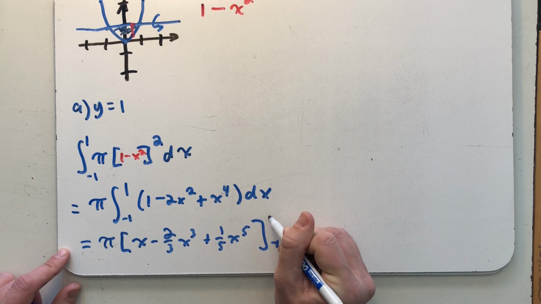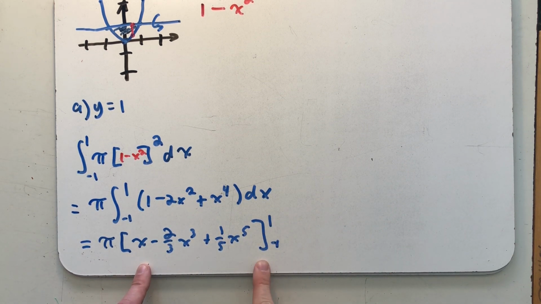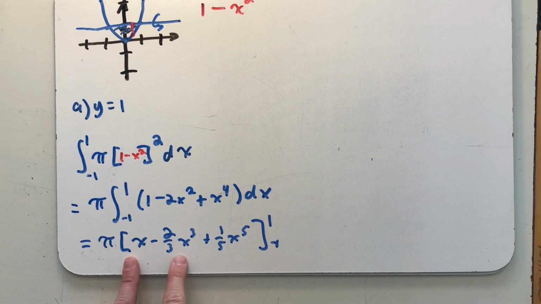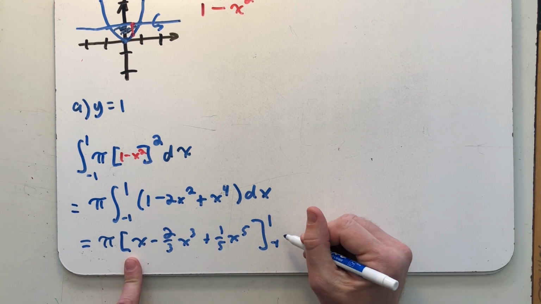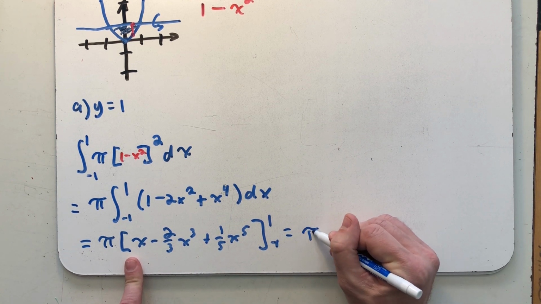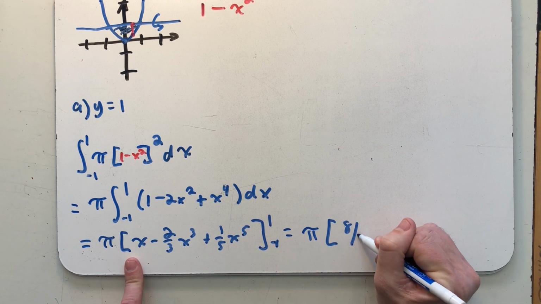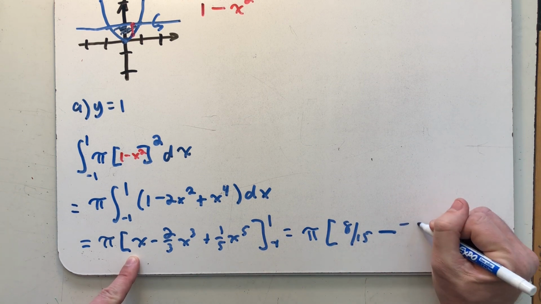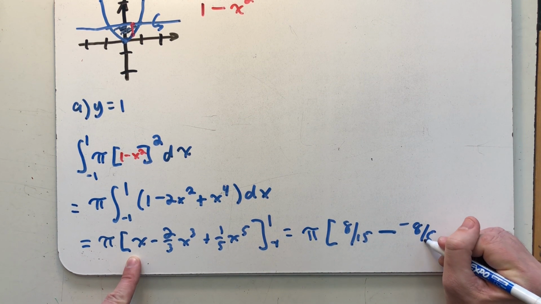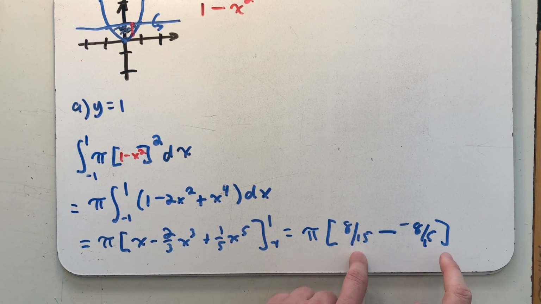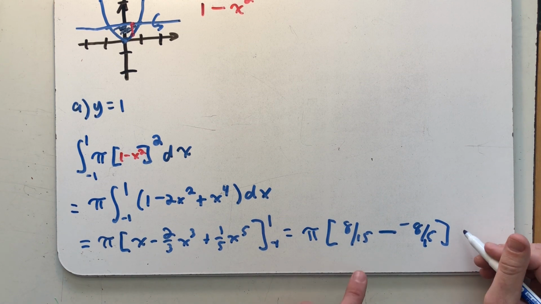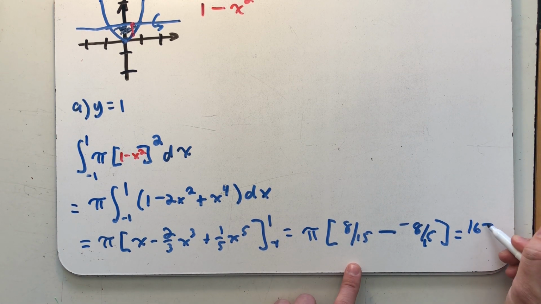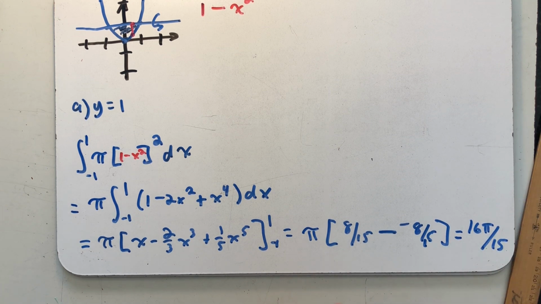All right, and then we just need to plug in a 1 and a minus 1, and I'll get 1 minus 2/3 plus 1/5, which, when we do our arithmetic, we will find that's 8/15. And we plug in a minus 1, well, I'm going to get the same things with the opposite sign, so it'd be a minus 8/15. So I really just have 8/15 plus 8/15. And that volume, 16 pi over 15.